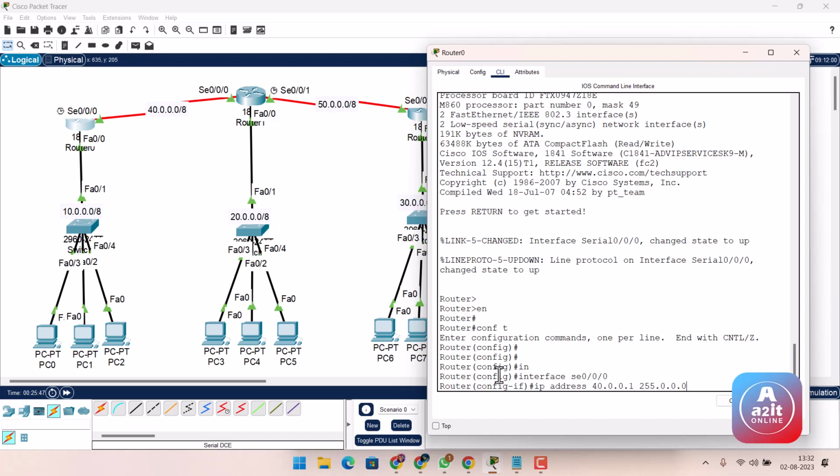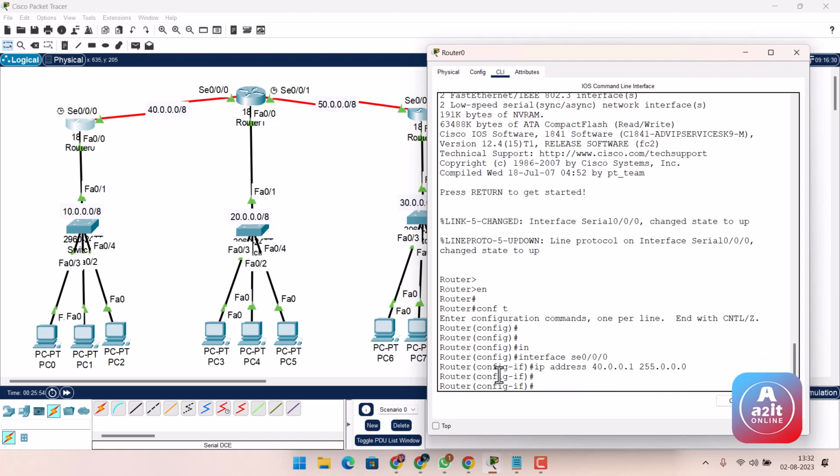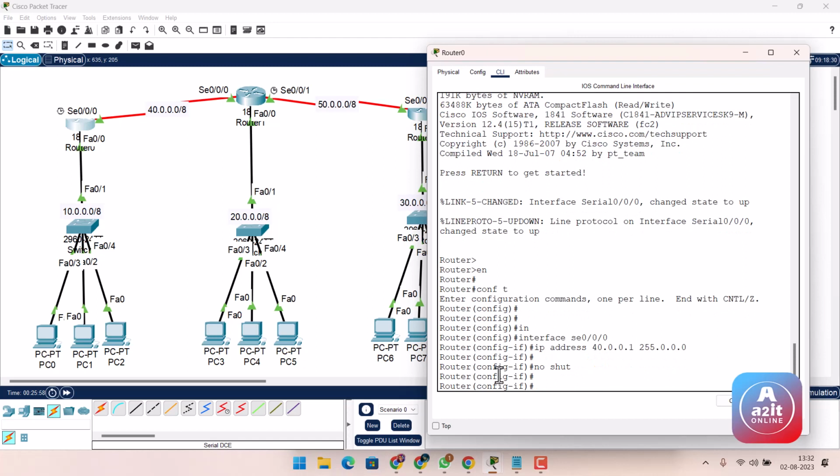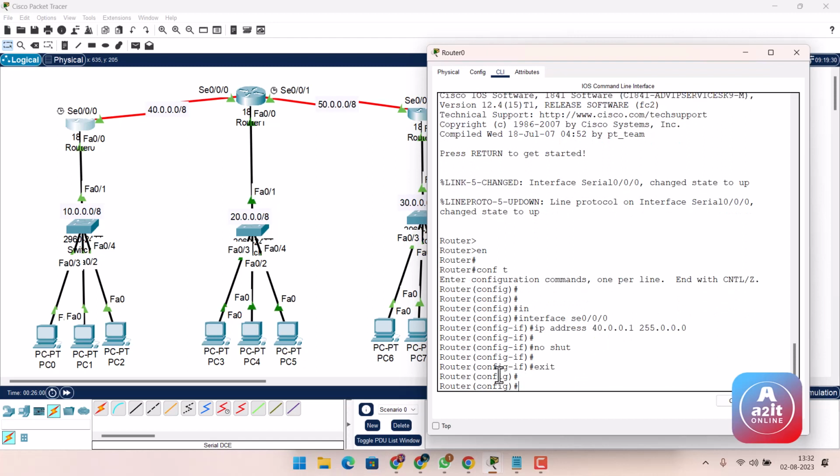So I'm going to enter the default subnet mask of class A. This is the command: ip address, the IP address 40.0.0.1 and its subnet mask. The second thing is we need to mention the no shutdown command to turn it on. Then exit. And this is good enough for the first router.